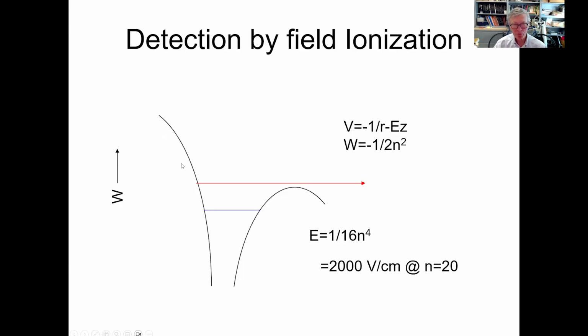And so this picture is a picture of the potential an electron sees, which is a combination of the Coulomb potential, minus 1/r, and a field E in the Z direction. So this is a slice of the potential through the center of the atom.